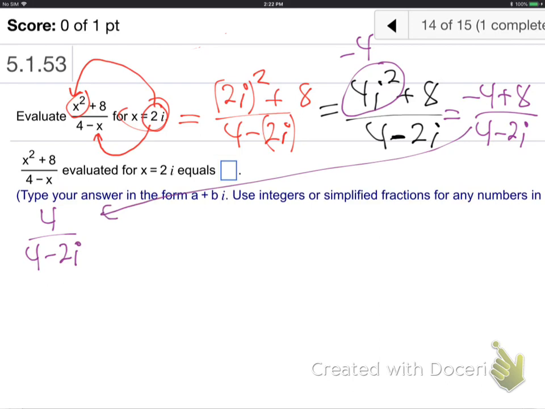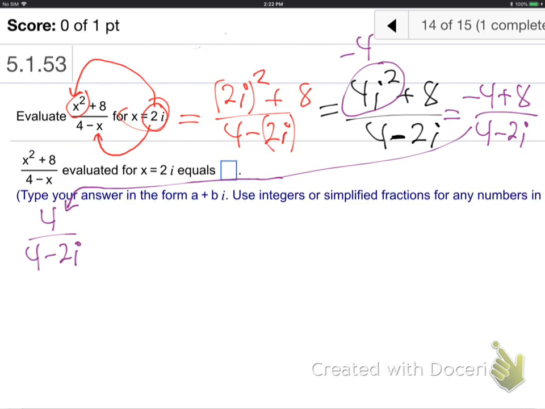Are we good to there? Eight minus 4 in the top. So are we all good to here? Is this good so far? We can't stop here. Why not? Why can't I just stop here? Because I have i's, which are roots, in the bottom. We can't leave roots in the bottom. We can't leave i's in the bottom. So you know what to do now, right?